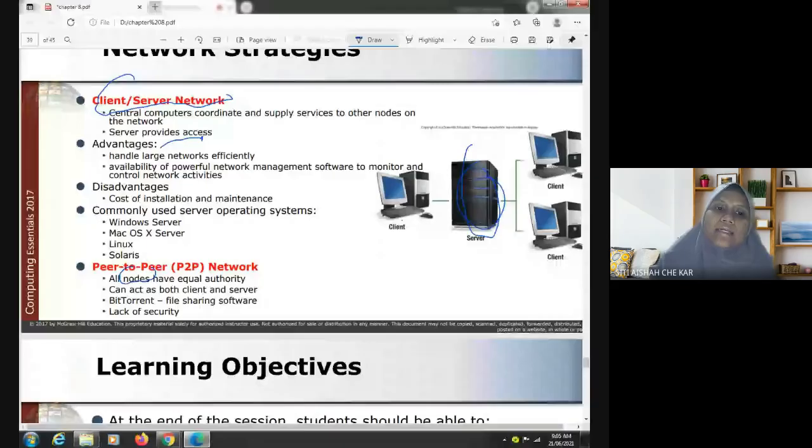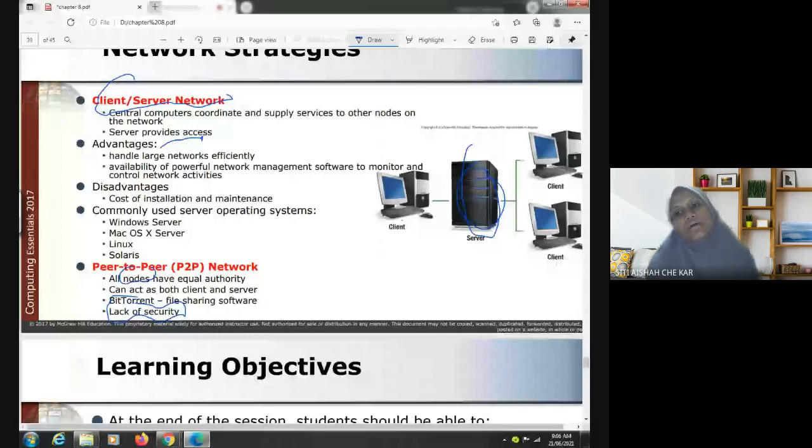But it is rather dangerous because of the lack of security. That is why most today still use the client server network. But the problem is that if the server is damaged, all clients cannot communicate. Okay.